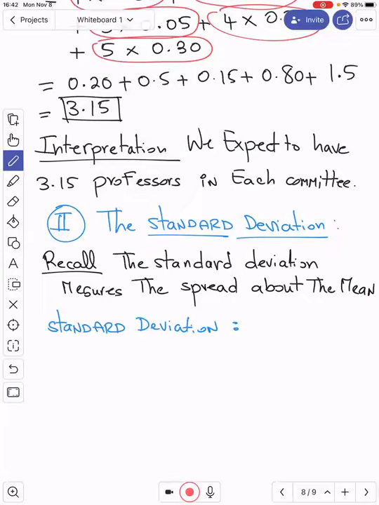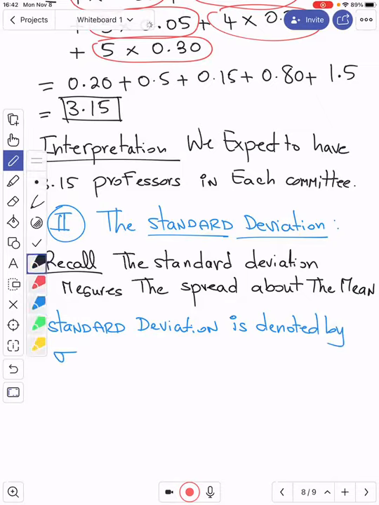So the standard deviation is denoted by sigma, lowercase sigma.